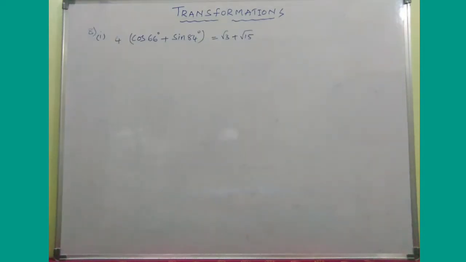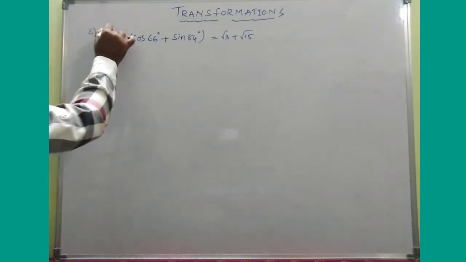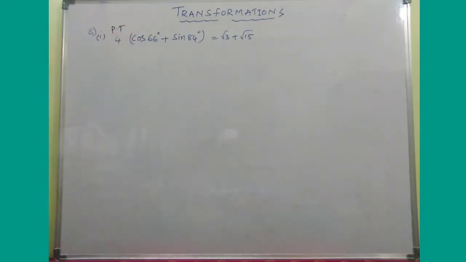So next question, prove that 4 into cos 66 degrees plus sine 84 degrees is equal to root 3 plus root 15. Okay.